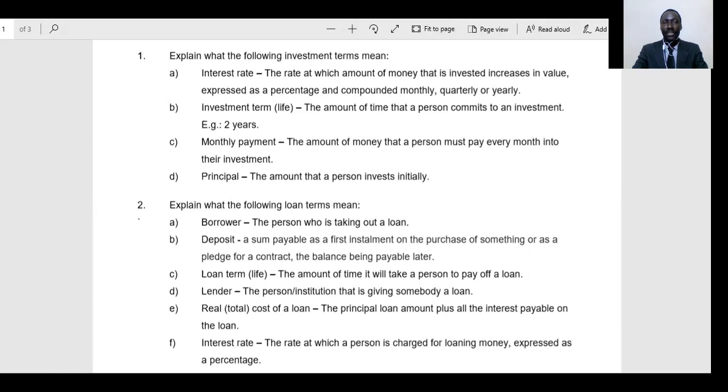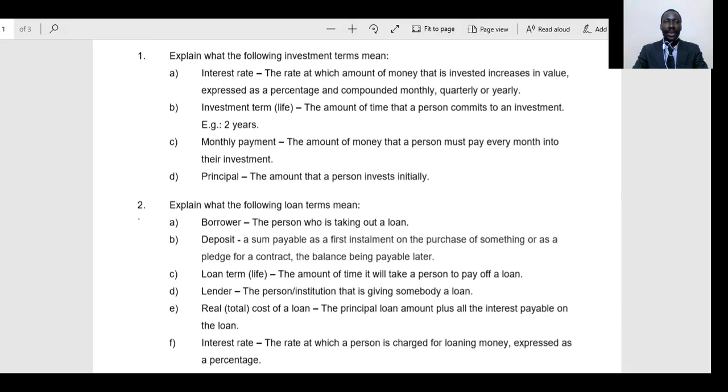Interest rate is not specifically the same as interest. Interest is the excess on the amount of money that you gave someone. Suppose that you have given them 500 Rand and they are returning 700. The excess is 200. And so that excess is what we call the interest.